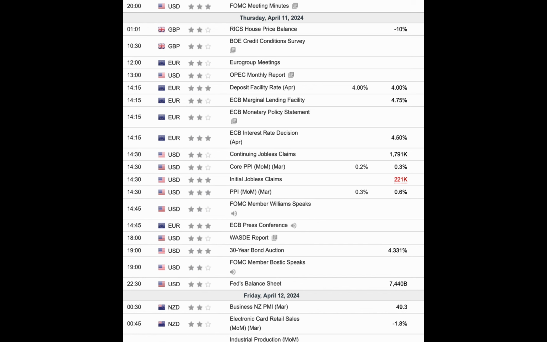And we also have PPI and initial jobless claims for the US dollar, followed by the European Central Bank conference following up on the interest rate decision. So generally what I've noticed is that once the interest rate decision hits, the market usually moves heavily into one direction, and then the press conference, that is half an hour, 30 minutes after the interest rate release, tends to often reverse the price action.